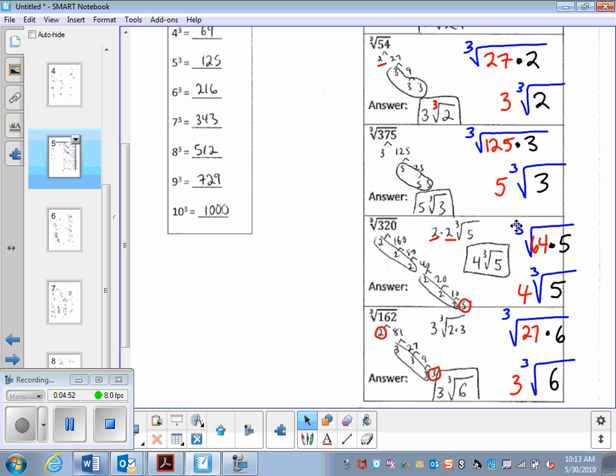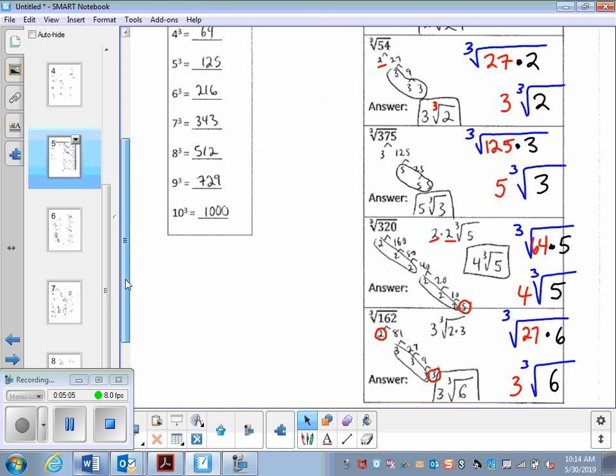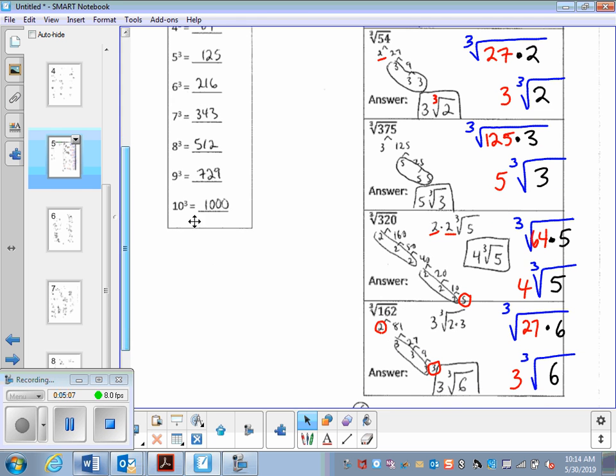So we know the cube root of 64 is 4, because 4 times 4 is 16, times 4 again, you'd get 64. And then you leave the 5 underneath the radical. And for the last one here, again, you probably wouldn't know this, but 27, which is a perfect cube, is 3 cubed. 27 is a factor of 162, so 27 times 6, and the cube root of 27 is 3, and so then we leave the 6.